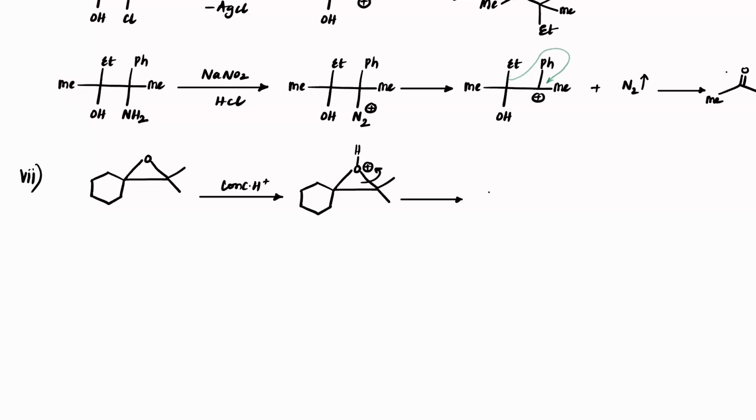Carbocation will form on this end here like this, OH, correct? And that will have methyl and methyl, positive charge. Now it can break the ring on this end and expand the ring. So that's how you can get a 7-membered ring this time with methyl and double bond O. So this is the product formation.